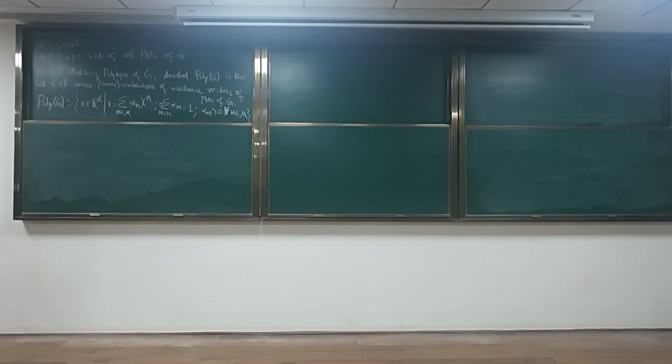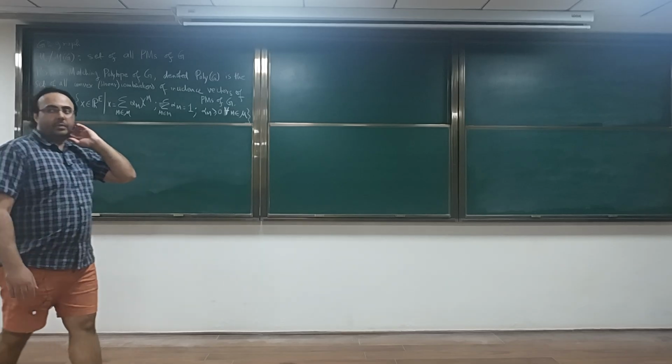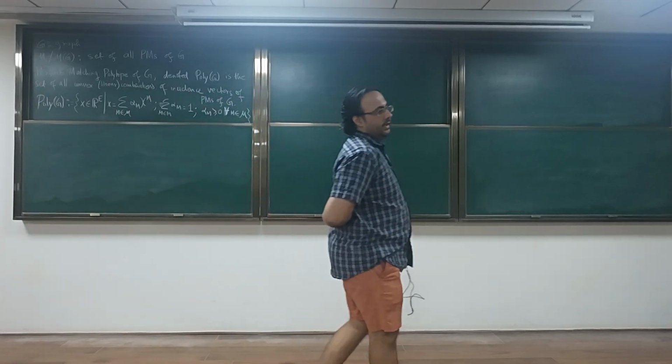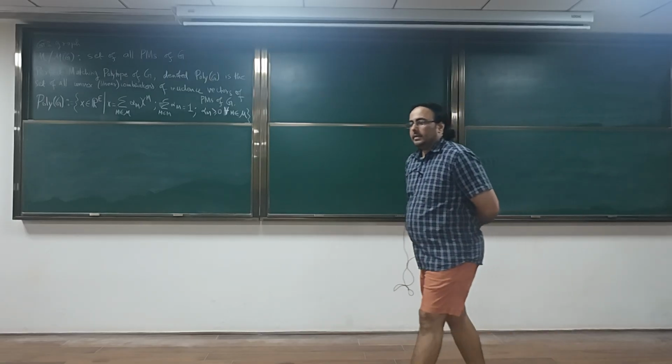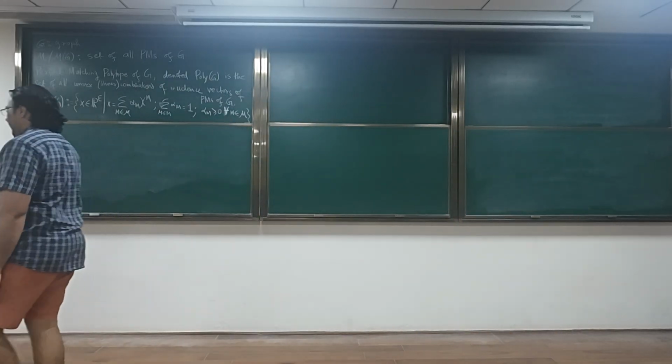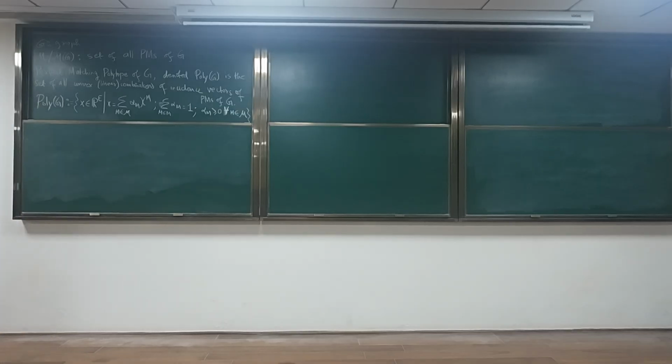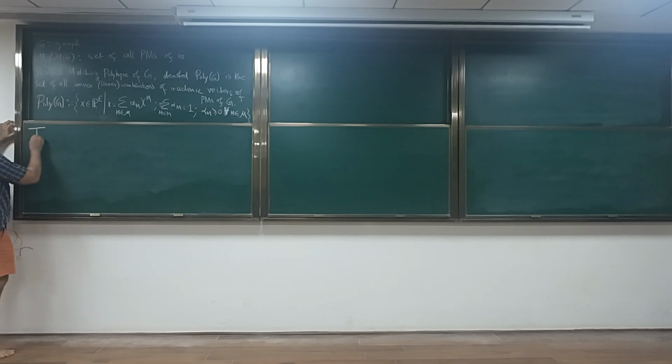In other words, a point lies in the polytope if and only if it is a solution to that system, right? So that naturally raises the question of whether there is a linear inequality description of the perfect matching polytope. So that's basically what we are discussing next.